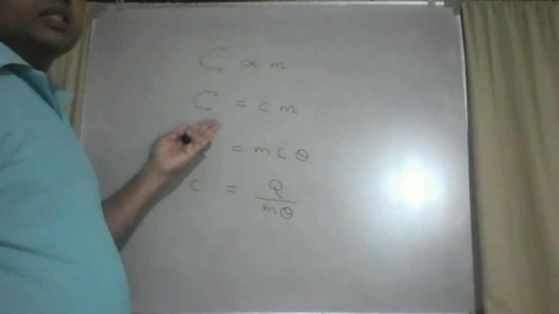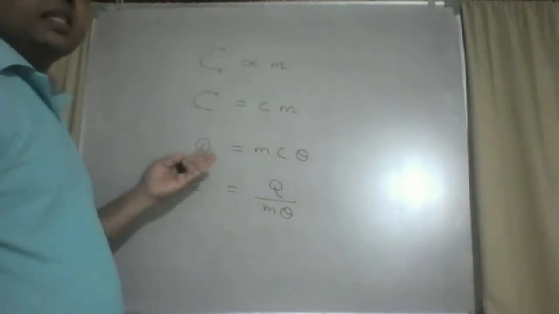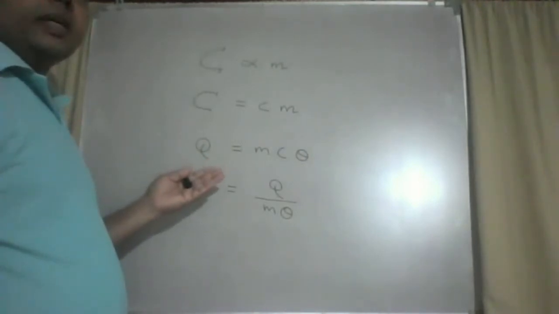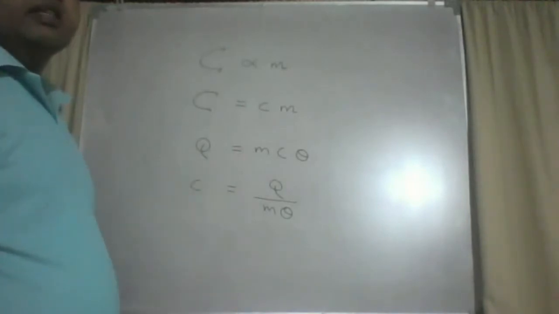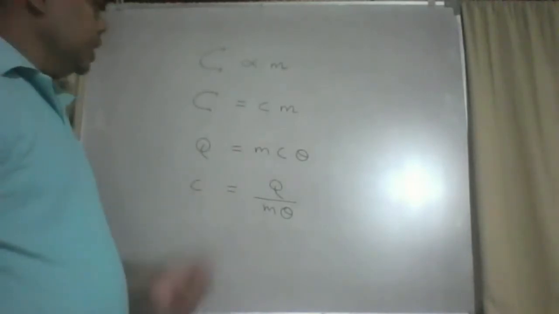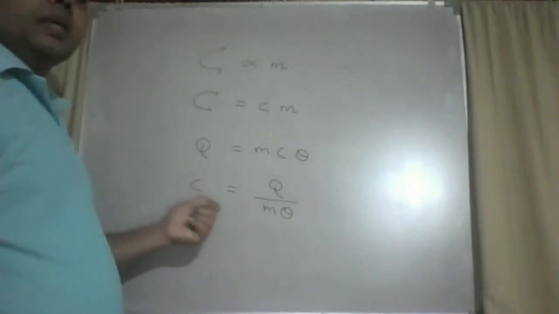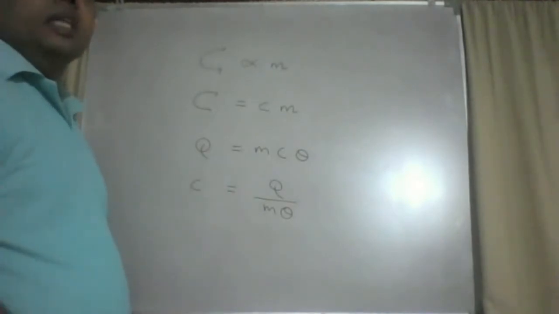Q equals capital C theta, which will in turn be Q equals m c theta. Here we use small c. The small c, the specific heat capacity, can be written as Q over m theta.